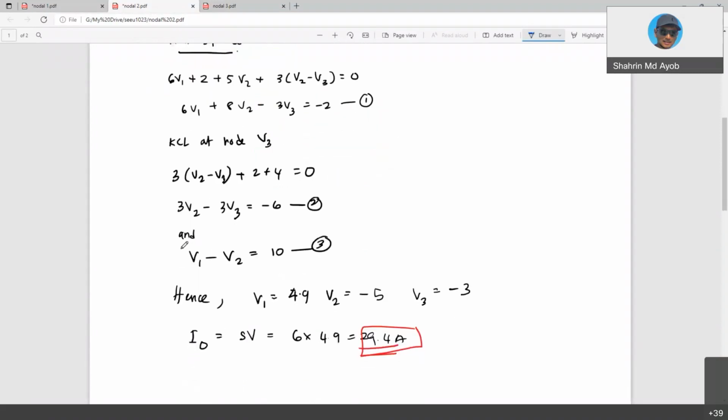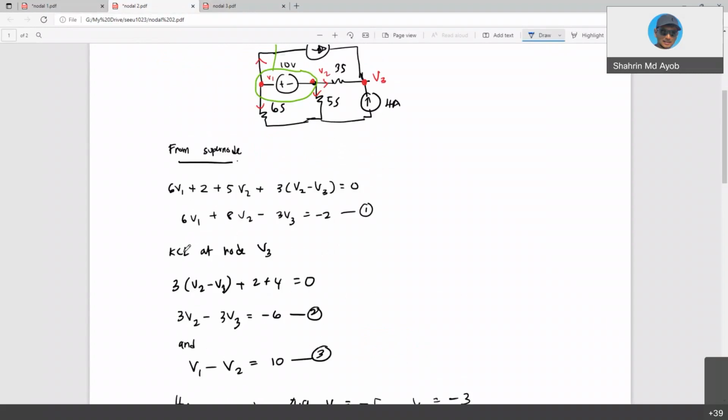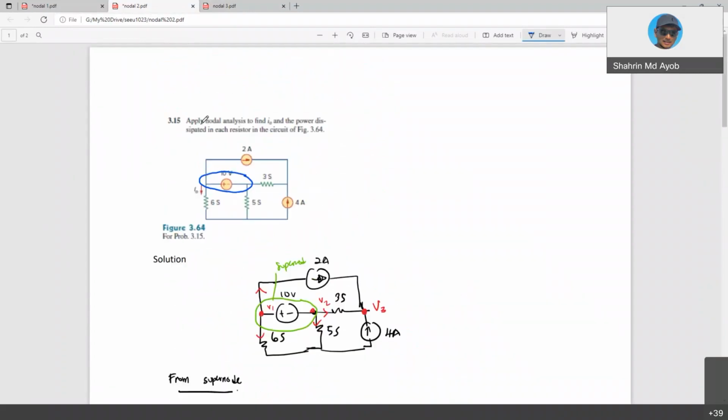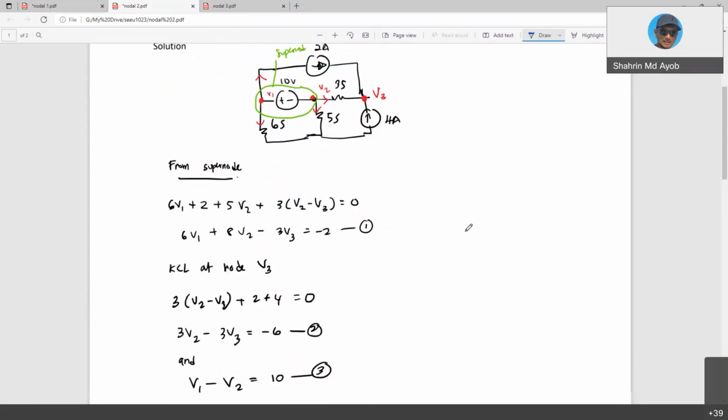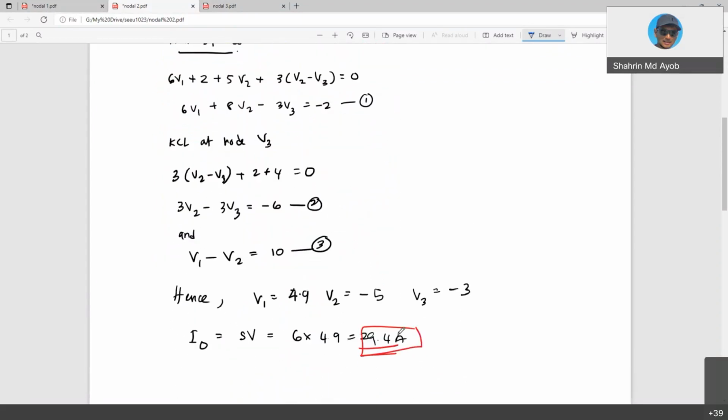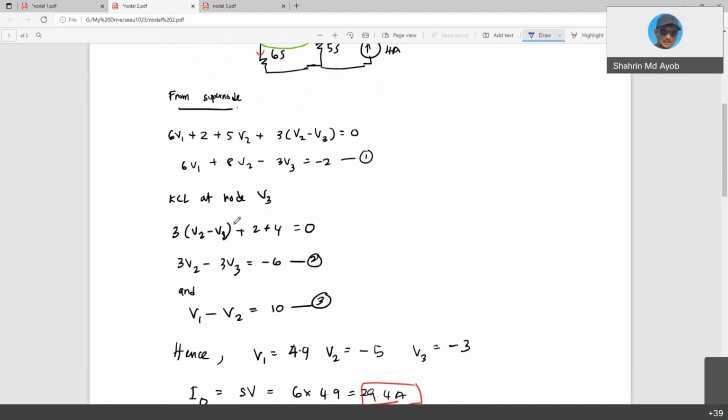because I have already checked this one with the answer. Every question with an odd number, like 3.15, has its answer at the back of the book, and my answer is correct. Maybe you did something wrong in these equations.